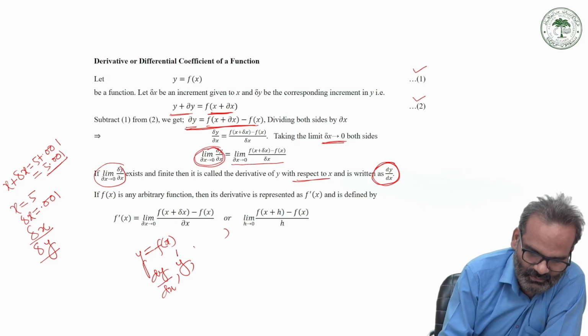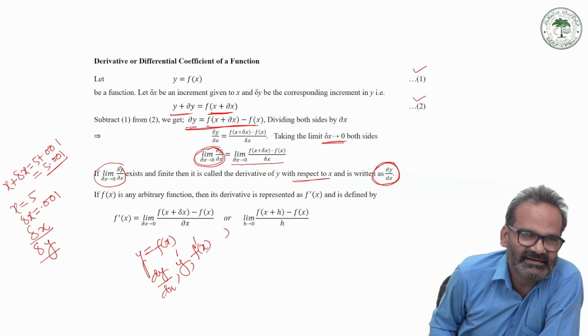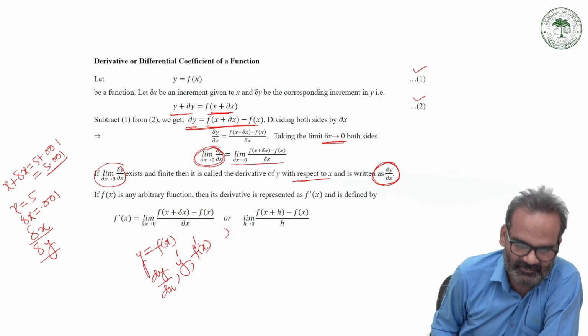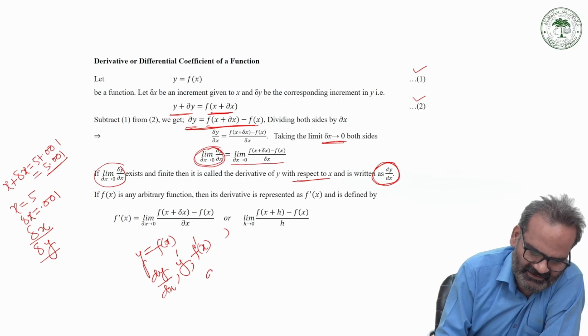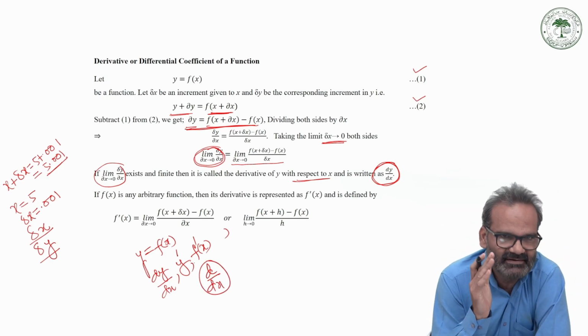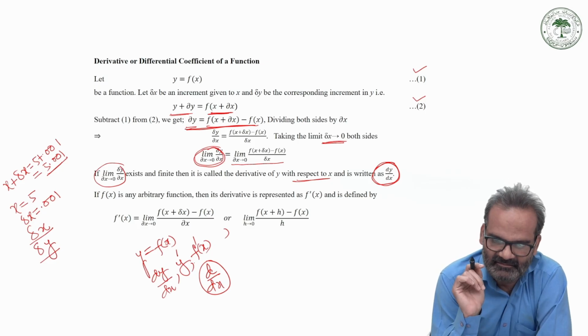We can also denote it as f dash or f prime of x. In some books, we read it as f dash x, or f prime x. D over dx is also a notation. So a number of notations for the term derivative are available. You can use any one of them.